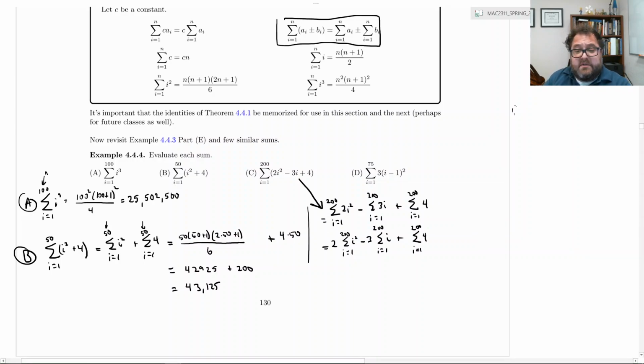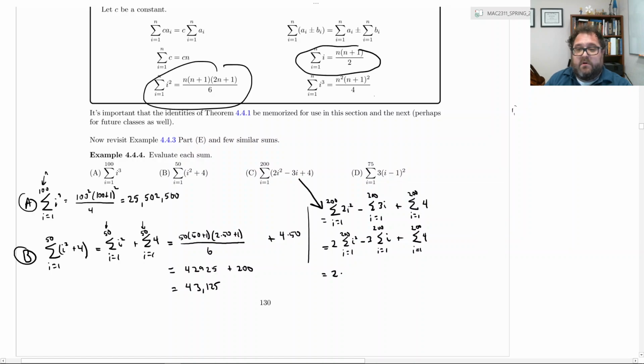All right, so now we can use the identities. We have a 2 out front times, what's the sum of the i squareds from 1 to 200? Okay, so n is 200 here. We're going to use the i squared property first, and then the i identity, and then the constant identity. So n is 200 for all of them. We have 200 times 200 plus 1 times 2 times 200 plus 1, all over 6, minus 3.